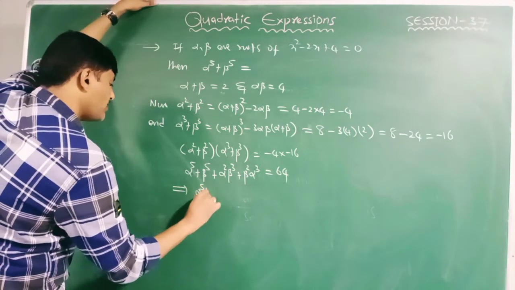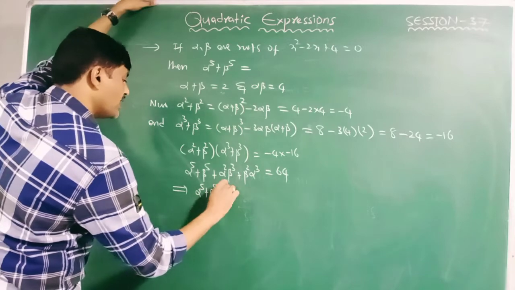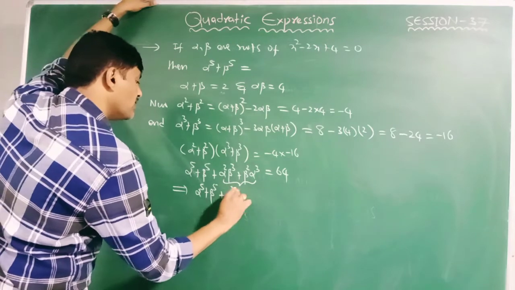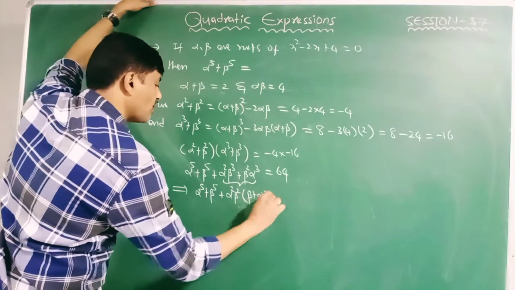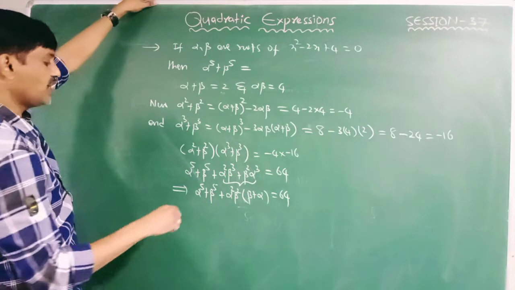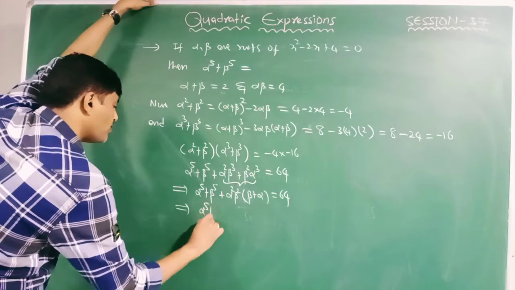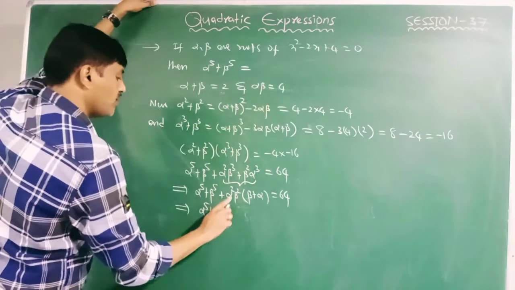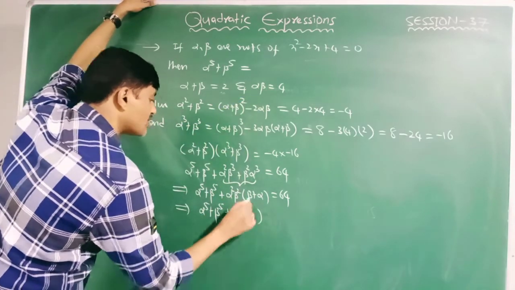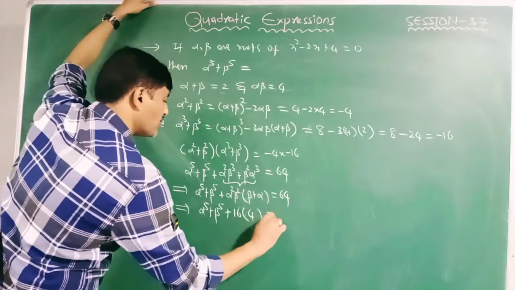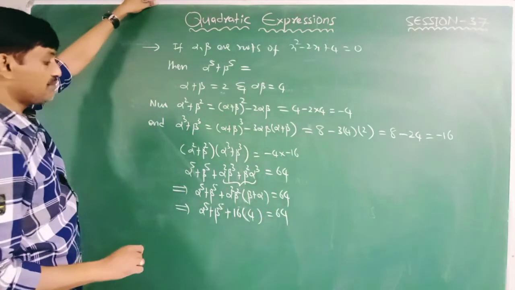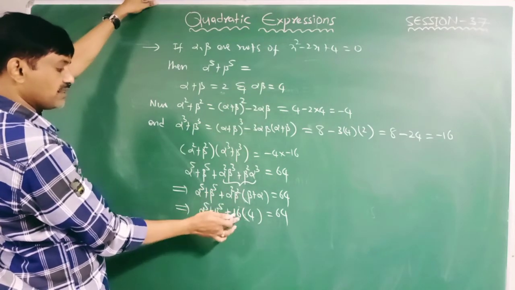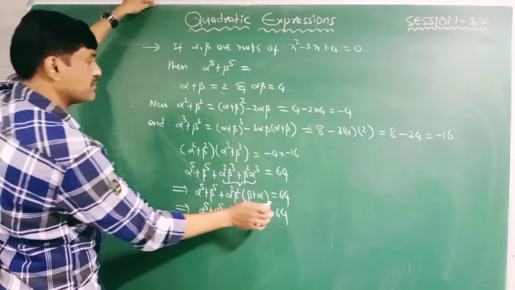From this, alpha power 5 plus beta power 5, since alpha square beta square is common in the other two terms, we get alpha plus beta, equal to 64. This implies alpha power 5 plus beta power 5 plus alpha beta whole square times alpha plus beta equals 64. Alpha beta is 4, and 4 square is 16. Alpha plus beta here is only 2.